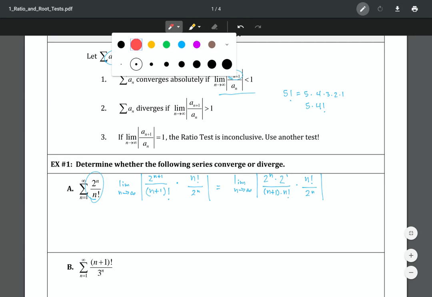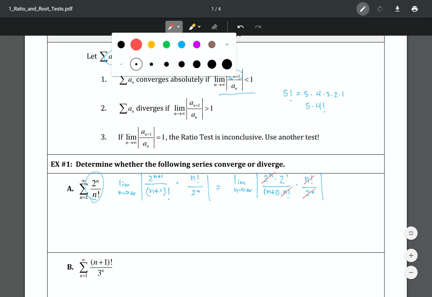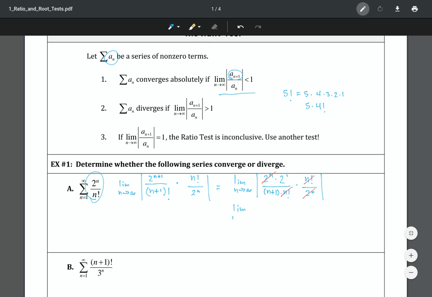Now, notice that the n factorials are going to cancel. And if you think about it, what I have left here, even though it's the absolute value, 2 to the first power is not ever going to be negative.